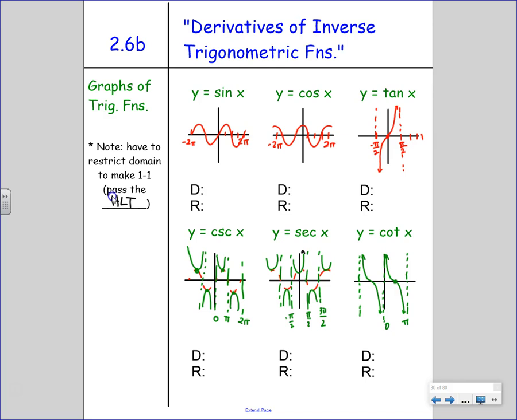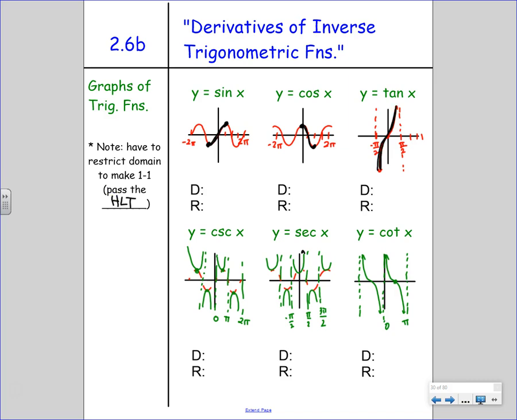Over on the side, the note to fill in is HLT. In order to be 1-to-1, it has to pass the horizontal line test. And to pass the horizontal line test, we take certain sections of these original trig graphs to find the inverse. We take certain sections in order to choose an invertible piece.